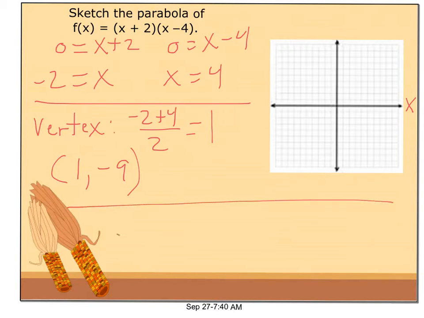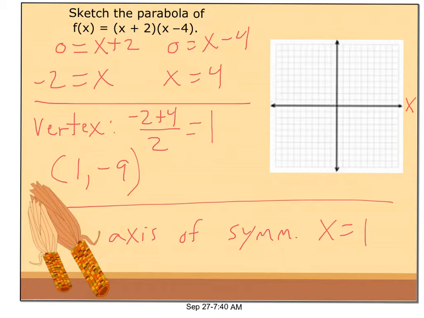Not to mention the axis of symmetry. It's going to be at x equals 1, because just like before, that x-coordinate matches the vertex. Okay? And really from this, I've got everything that I had before. I could use the concept of a reflection point once again to get a good look at my graph.